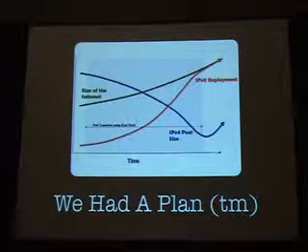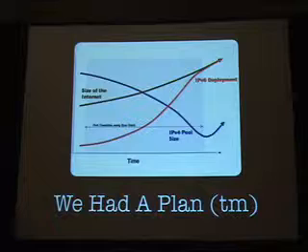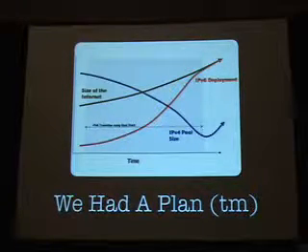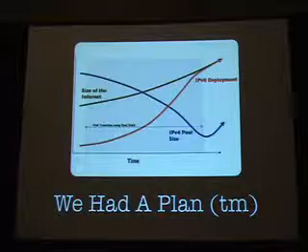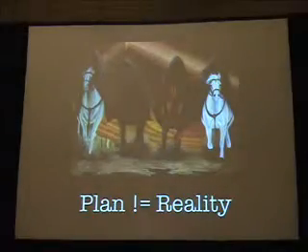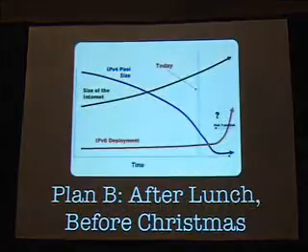So we had a plan, although very simple. V4 would go down, we'd use more V4, we'd start deploying V6, and by the time V4 runs out, V6 would be at the point of the size of the internet, and it'll be fine. Unfortunately, plans aren't always the same as reality. So, this is the new plan.